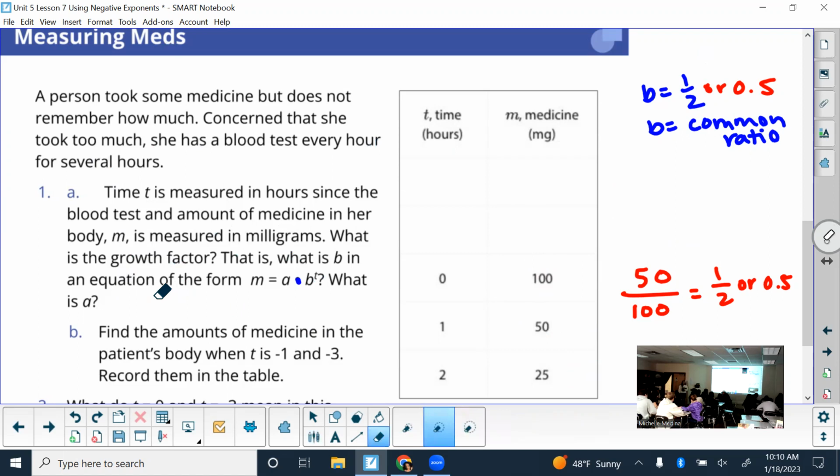What is A, table 8? A stands for initial amount. It doesn't tell me in the words, so you'll have to look at the table.